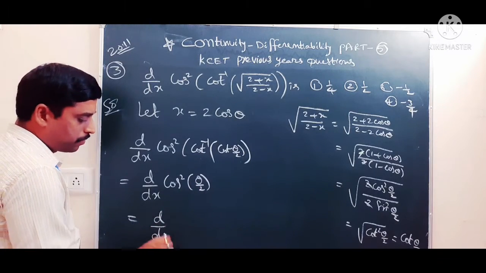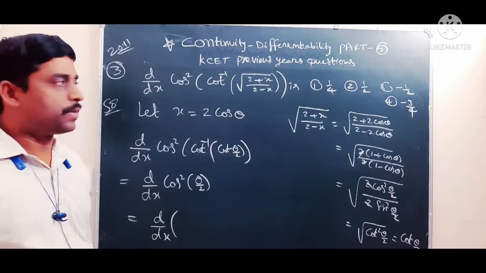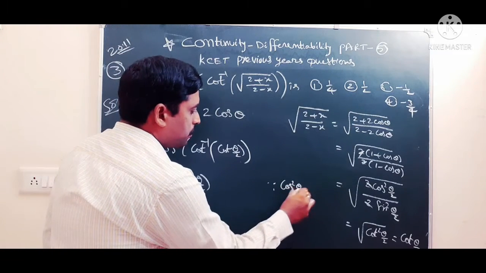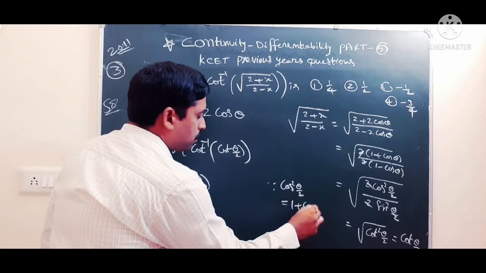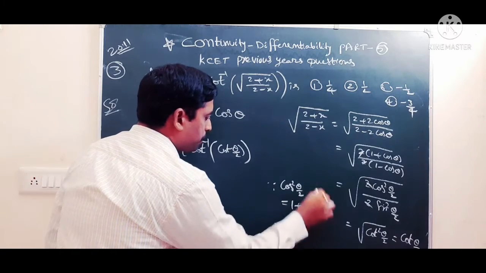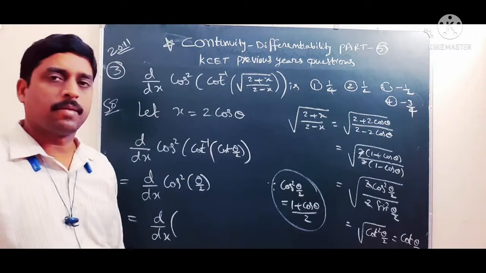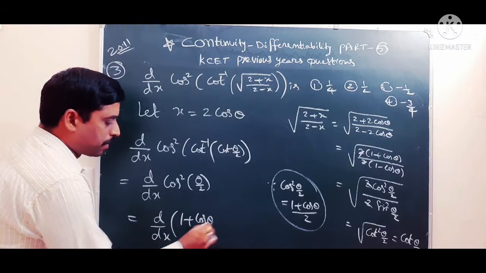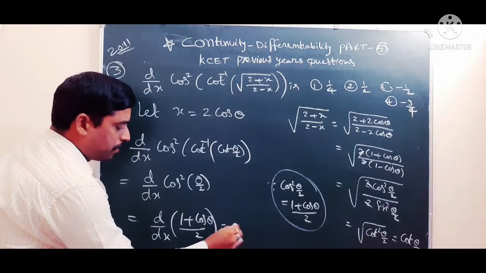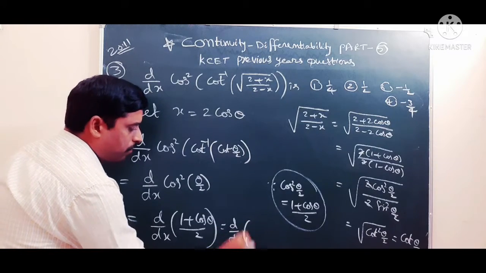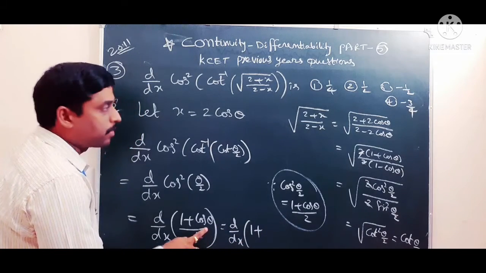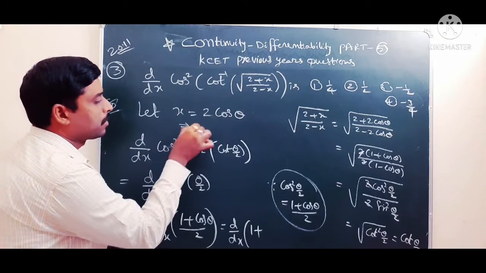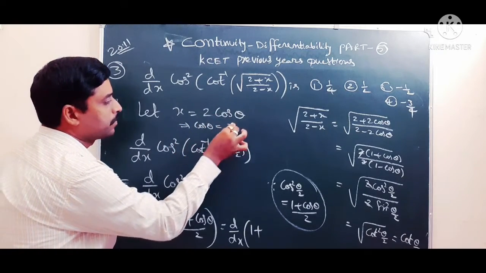So the derivative of cos square theta by 2. For cos square theta by 2, we have the formula 1 plus cos theta by 2. So this will be d by dx of 1 plus cos theta by 2, where cos theta is equal to x by 2.